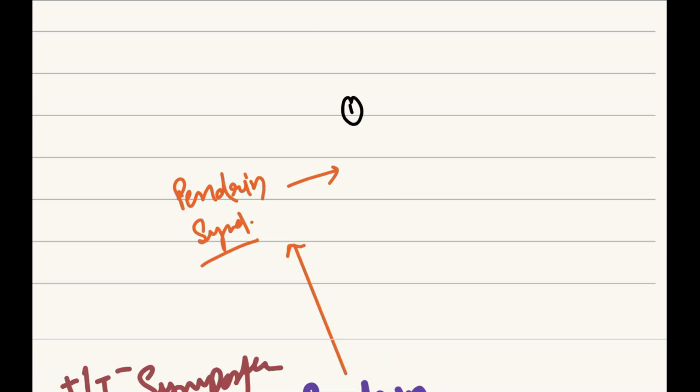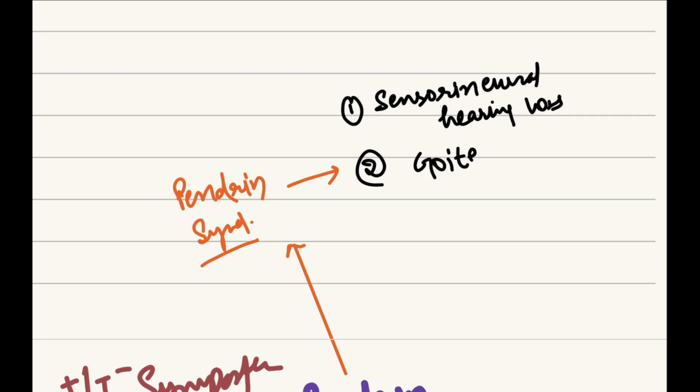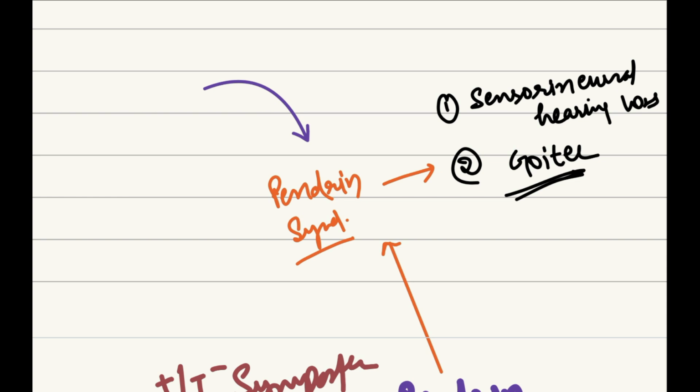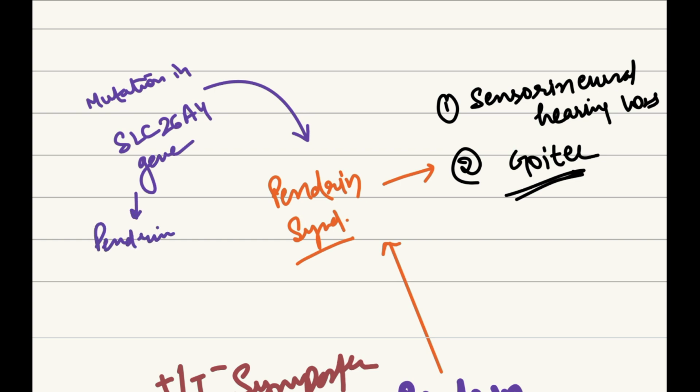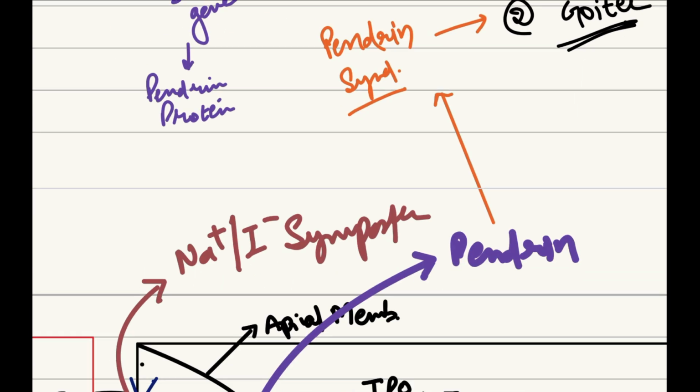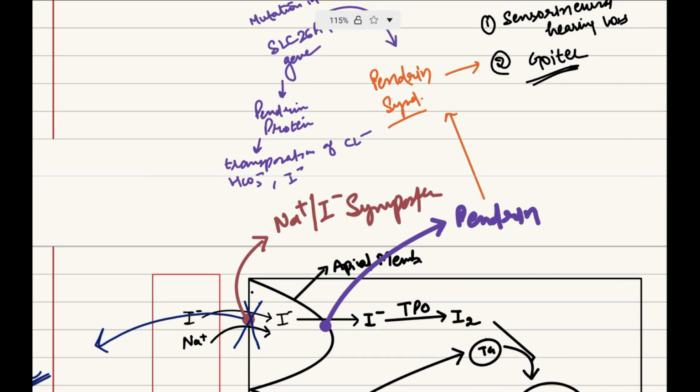There are two features: number one, sensorineural hearing loss, and second, goiter. Pendred syndrome is because of a mutation in the SLC26A4 gene, which encodes the pendrin protein, and the pendrin protein is responsible for transportation of chloride, bicarbonate, and iodide across the cell membrane in the inner ear as well as in the thyroid gland.